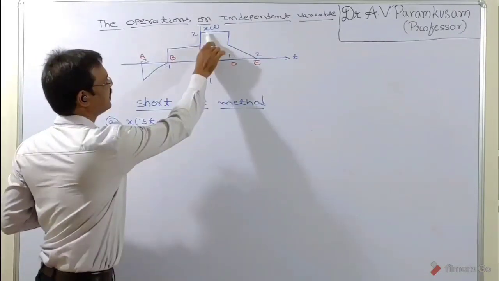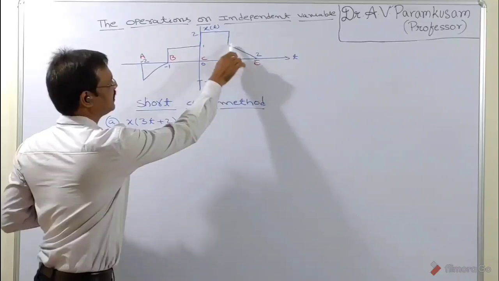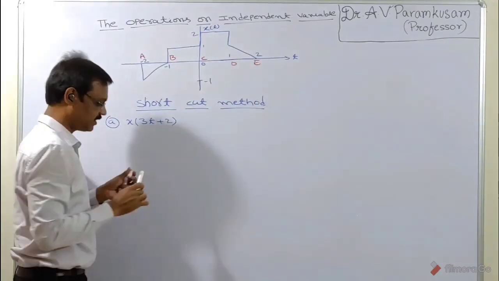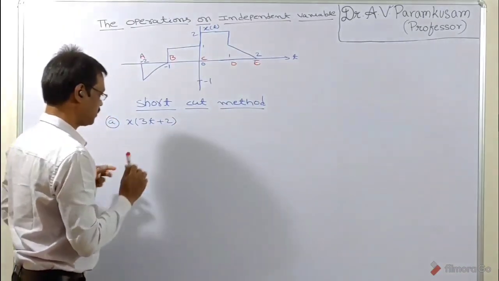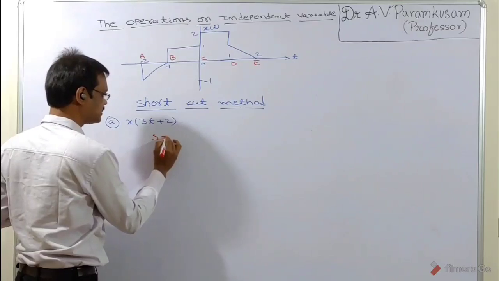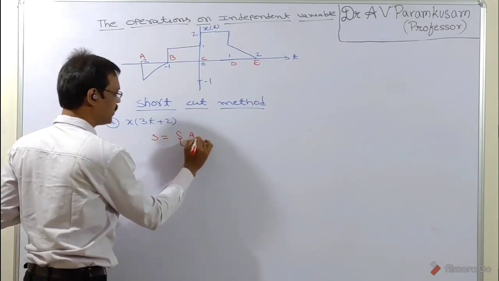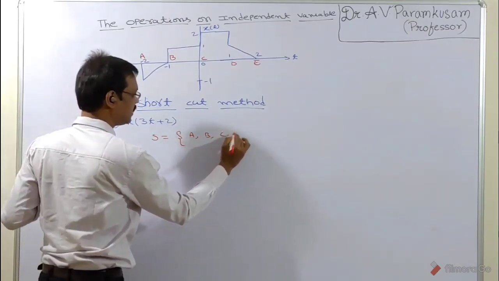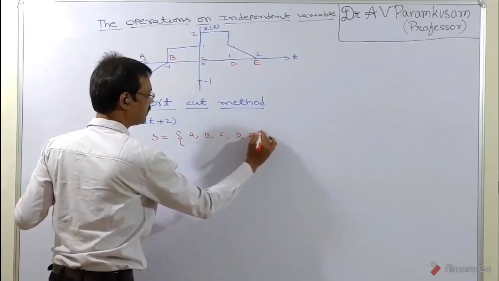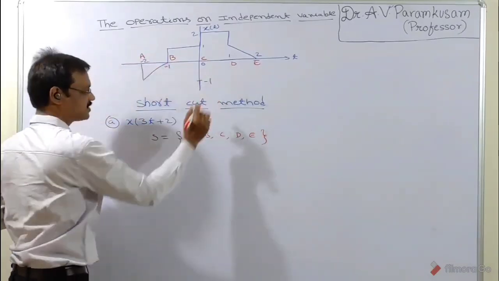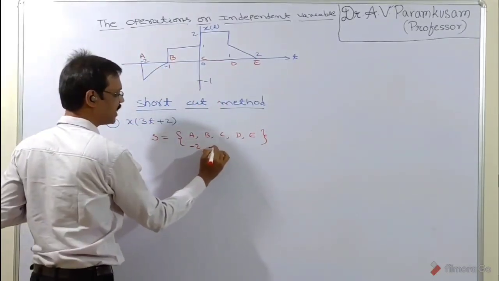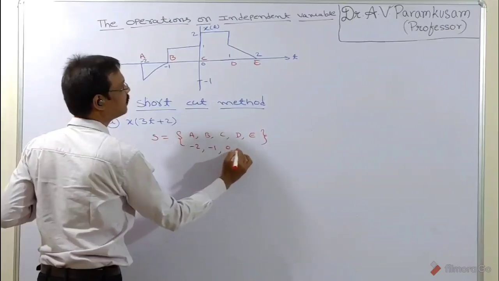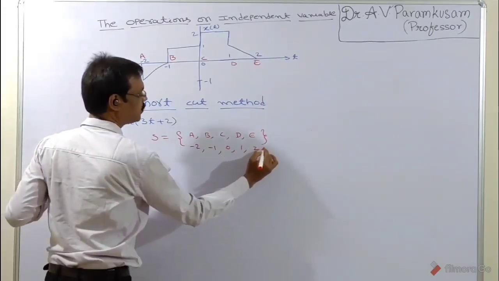Between C and D, and between D and E, also a single line expression. First, you identify those points. Assume that set S is equal to A, B, C, D, and E. Now you write these values: minus 2, minus 1, 0, 1, and 2.